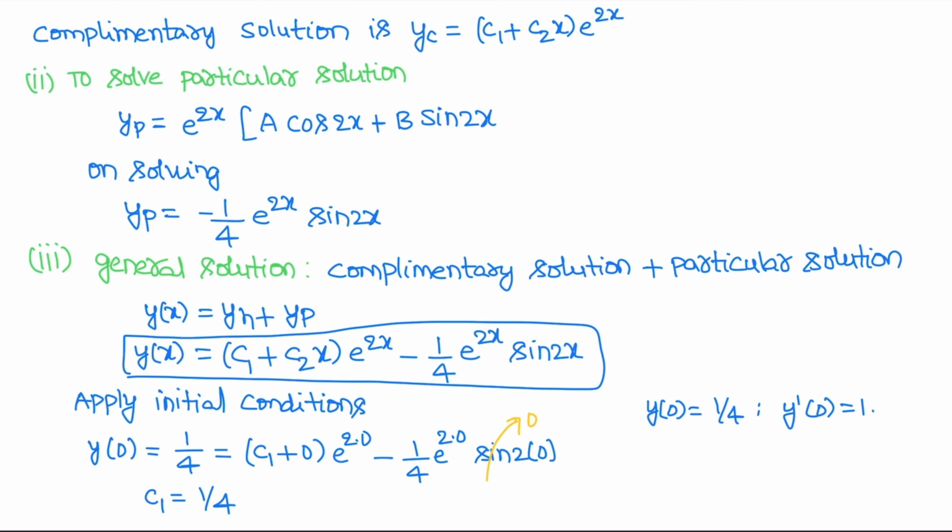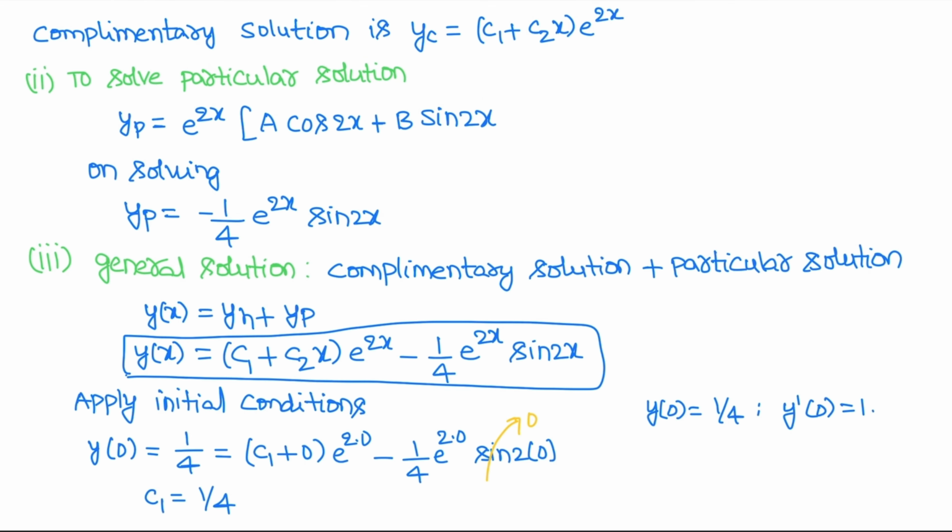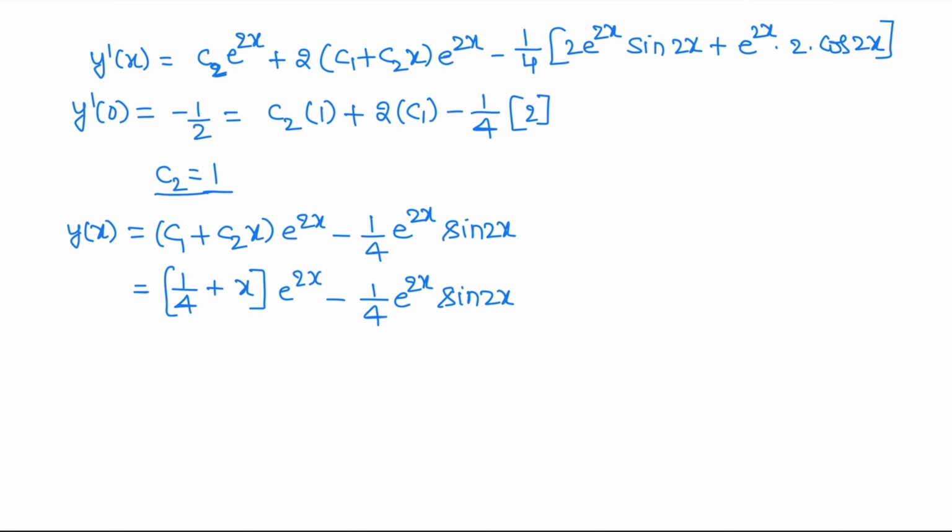By applying those initial conditions, we calculate the values of C1 and C2. So C1 is 1 by 4 and C2 is 1. Substitute the values of C1 and C2 in the general solution. That is y of x is equal to (1 by 4 plus 1 into x) e power 2x minus 1 by 4 e power 2x sin 2x.